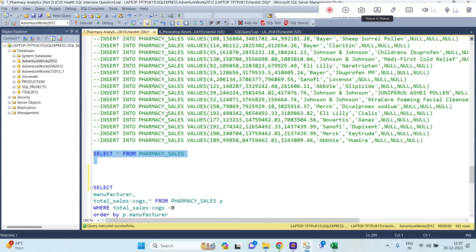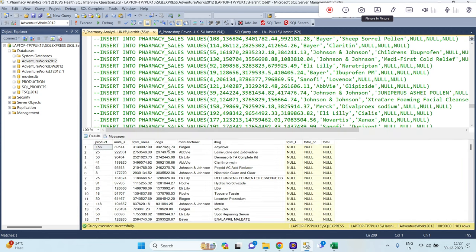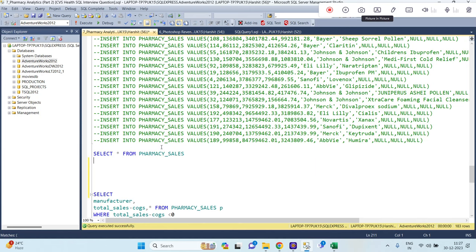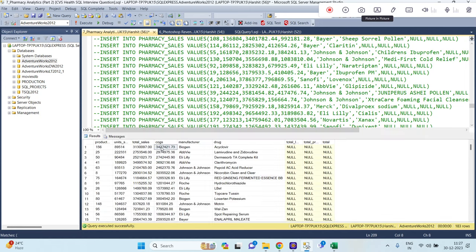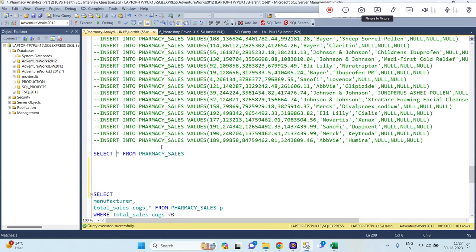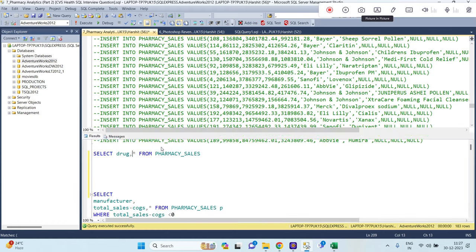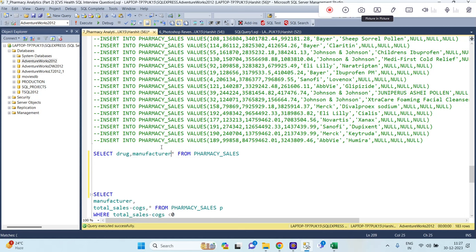Okay. Now how can we identify the losses? So total sales minus COGS. Let me select the data over here: drug, then manufacturer, then total sales.